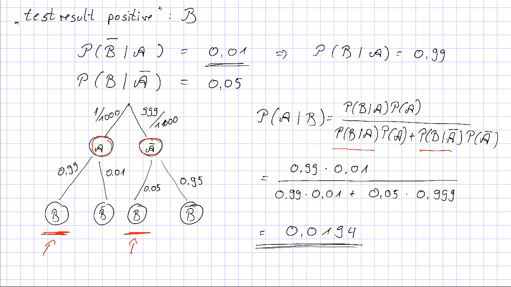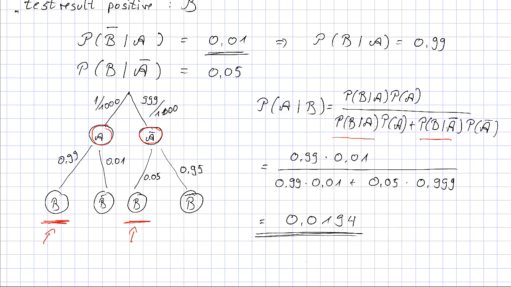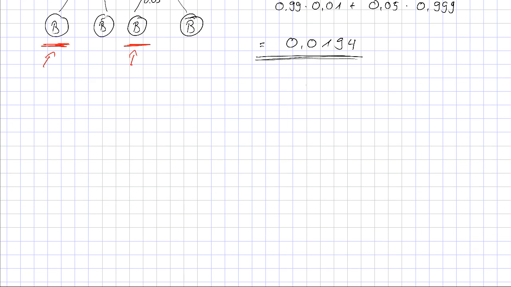We could also ask the opposite question, namely, you had this test done and the result was negative. There's still a chance that you are carrying. And what's the probability? So we write this down similarly. So you are carrying the disease, that's the event A, but your test result was negative.